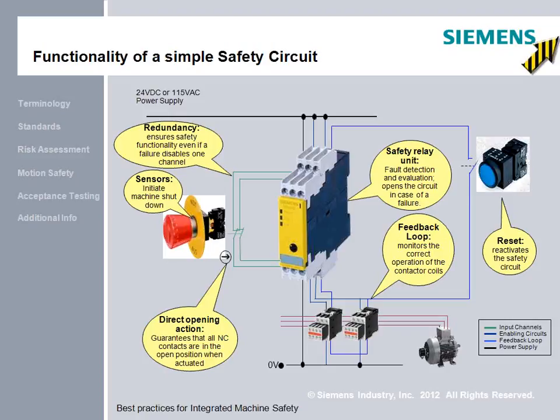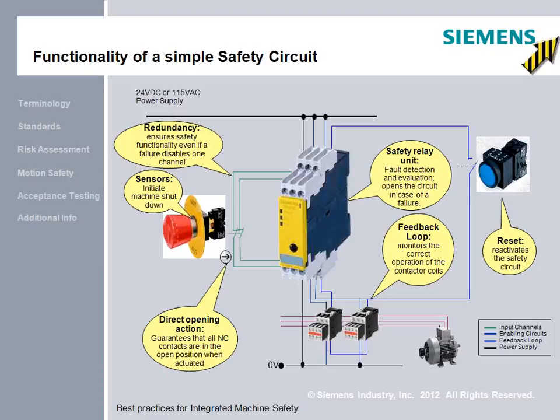Those are wired in series to the little motor, which is a three-phase motor. So now we have, in essence, a complete circuit. We have detect, we have evaluate with the safety relay, we have respond with the actuators.